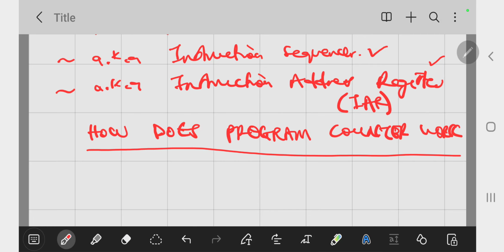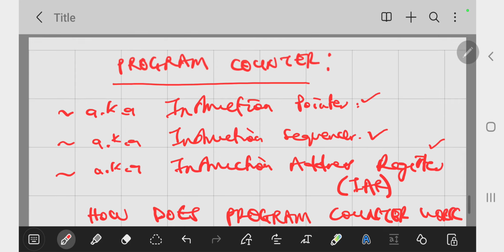It is not possible to explain how a program counter works just by looking at the program counter itself. We need to bring on board many other ideas. This is why we started by looking at a bus and all those things.